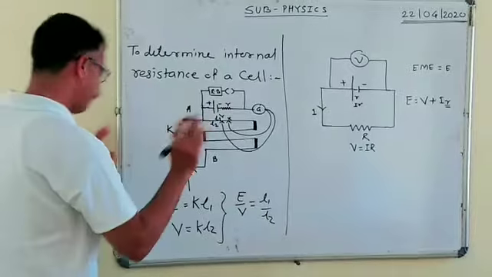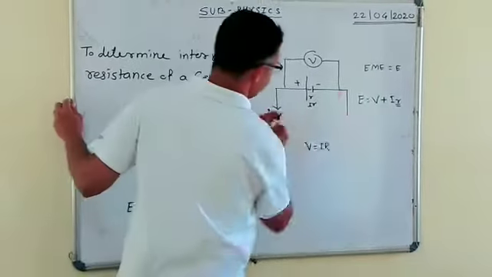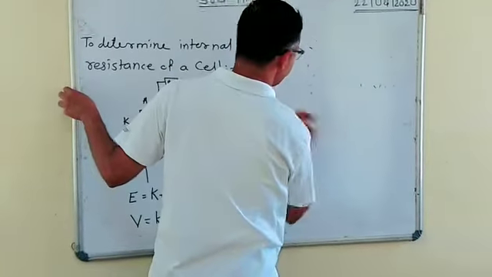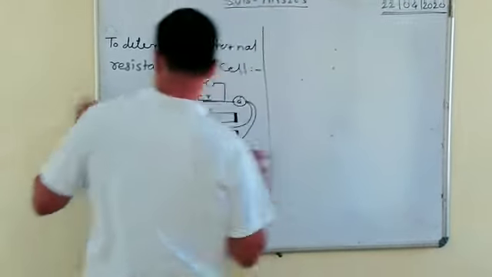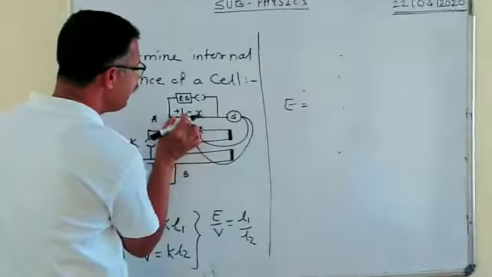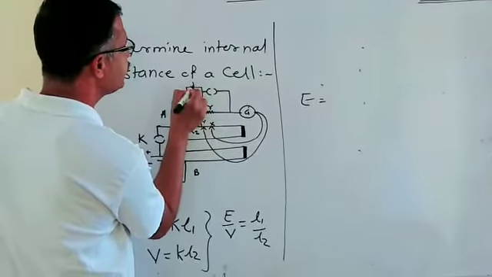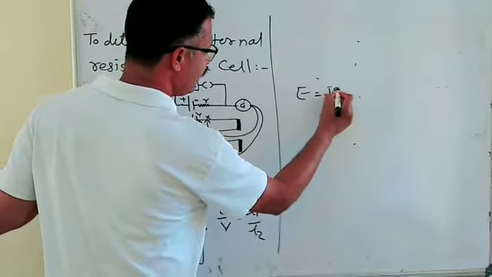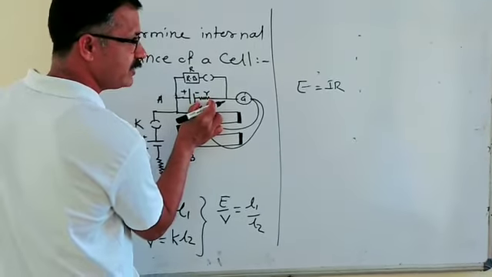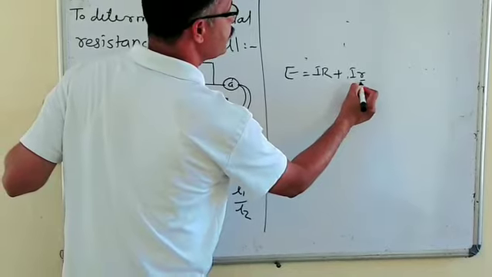L2. But now, friends, if we consider the equation according to Kirchhoff's law for this cell, E, the EMF of this cell, is equal to the potential difference across this resistor R, that is IR, plus the potential difference across this small resistor, that is the internal resistor r. Our duty is to determine this r.